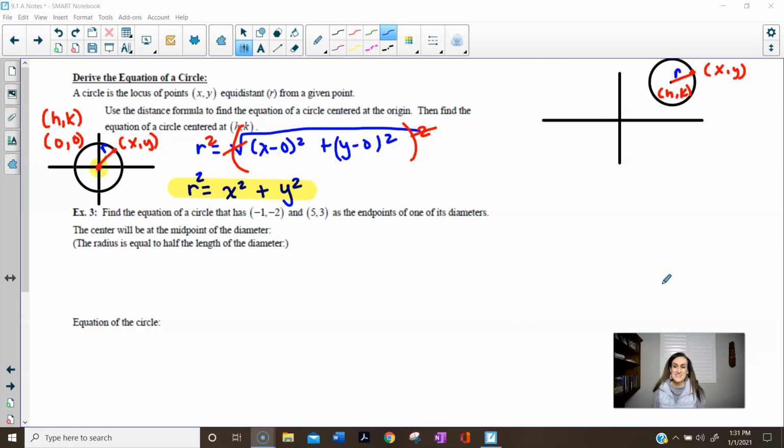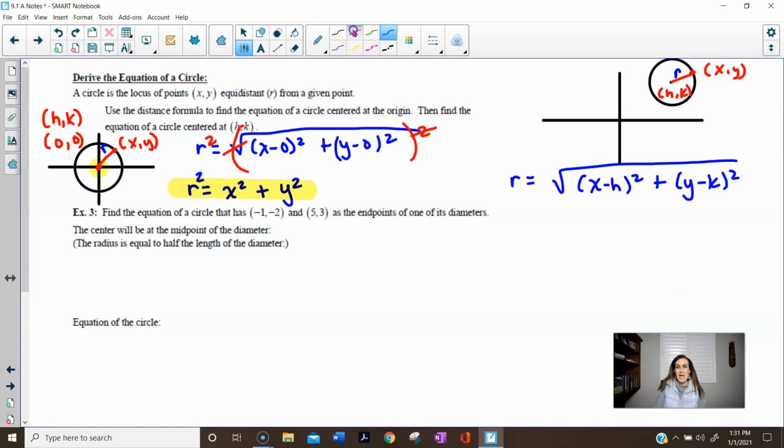Deriving the equation of a circle when the center is not at (0, 0) is the same process. Now the center is at (h, k), and we're going to simply use the distance formula to find the length of that radius. So r is equal to the square root of, we'll take x and this time subtract h, squared, then take y and subtract k, squared.